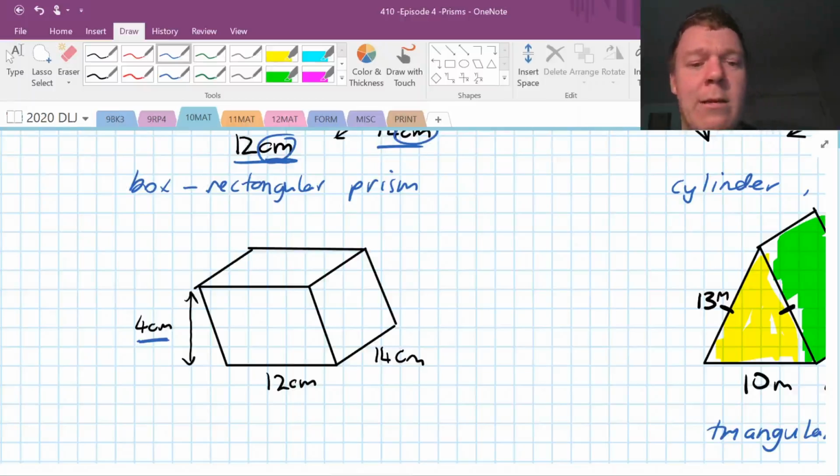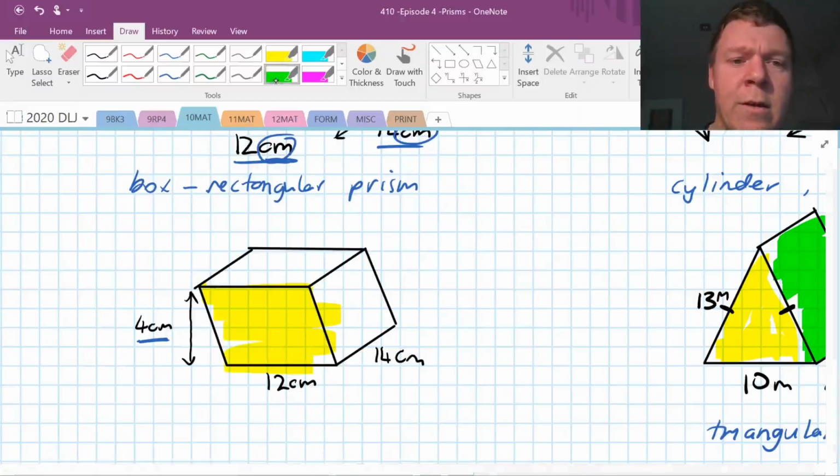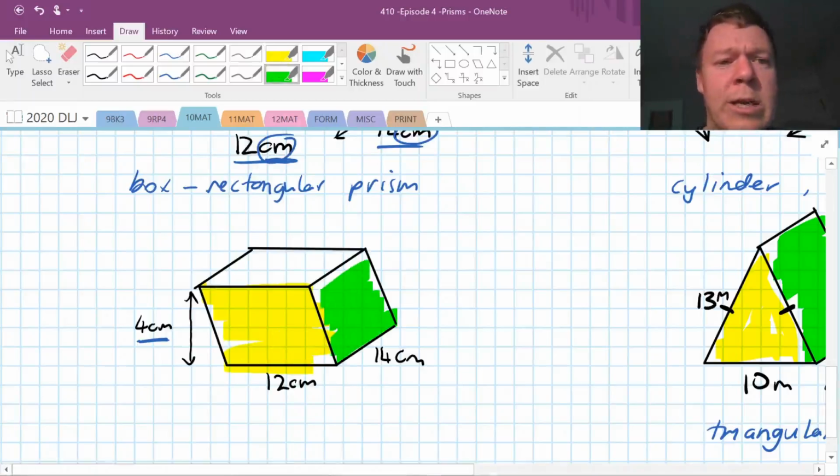It would have the same dimensions, but it's been squashed, so the volume is going to be probably smaller, right? But we've still got to work out the area of the face and then multiply it by the length that we extruded.